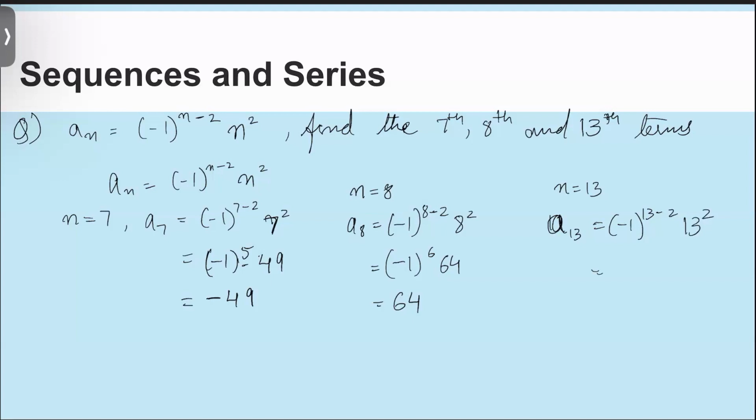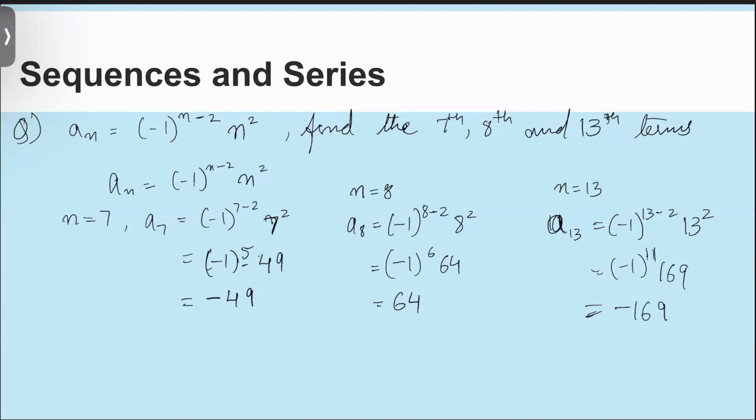Okay, so over here you can see that minus 1 would be raised to 11, and 13 squared is 169. Okay, and since the power is an odd number, this becomes minus 169. Okay, so over here you can see that this is how your sequence will go.